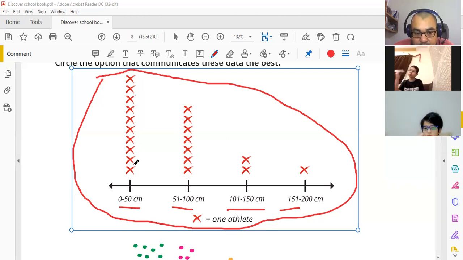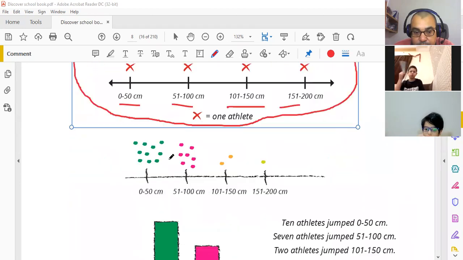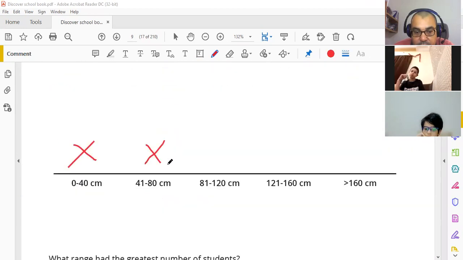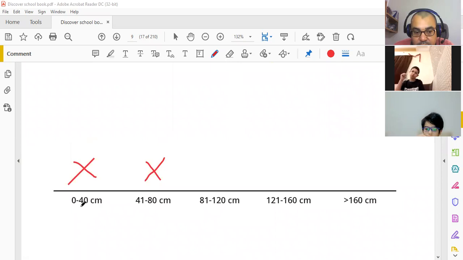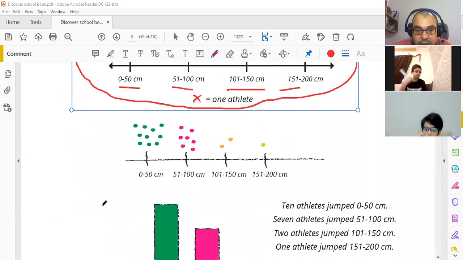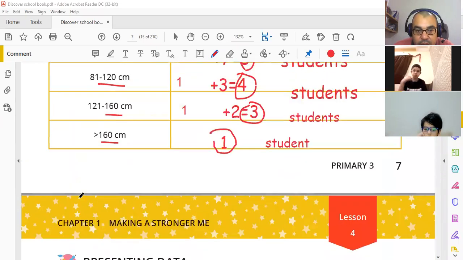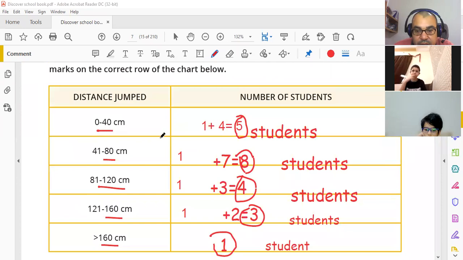Now, students, we are going to make a graph like this. Here. What is the number here? It's 40 centimeters. How many students can jump for 40 centimeters? We go back again here and we write the number. 5 students.